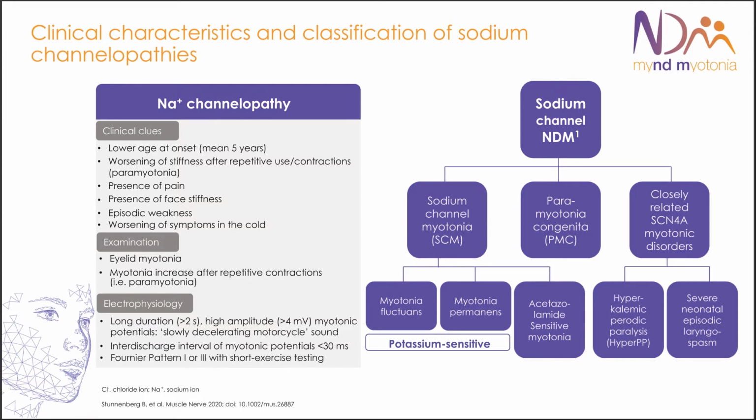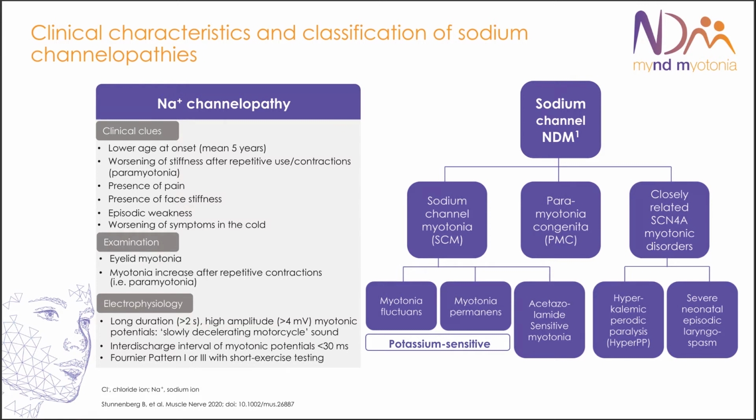You perhaps remember the nice picture Jordi Manera has shown with the prevalence of muscle stiffness in paramyotonia in the face and in the arms. There's episodic weakness in some forms and worsening of symptoms in the cold, in particular in paramyotonia.